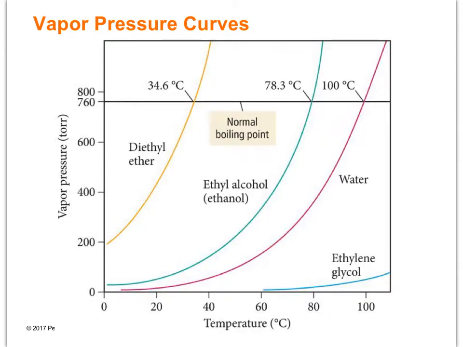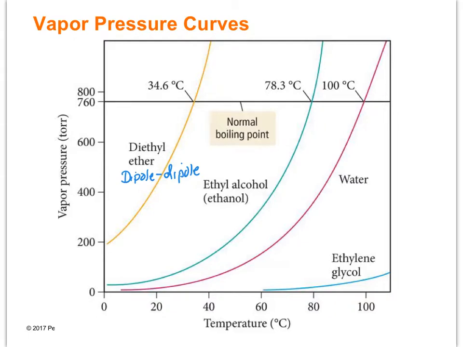And we can see that for different liquids, the vapor pressure is different at different temperatures. So, for example, right here, diethyl ether has weaker dipole interactions, right?